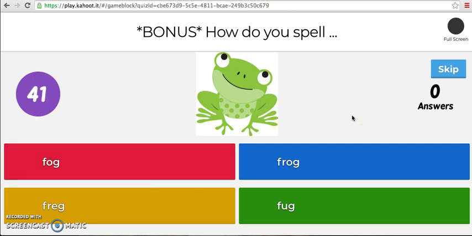For this type of question, I gave them 60 seconds instead of 30, so they could take more time and actually try to sound out all the sounds in frog. Now, if they were to choose the yellow or the green, I understand that they still don't understand that the O is the vowel.